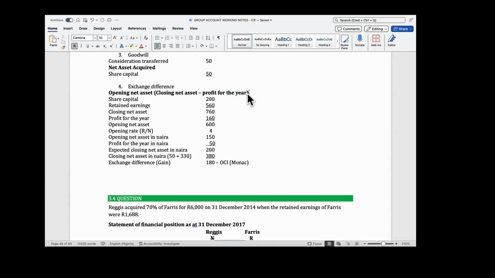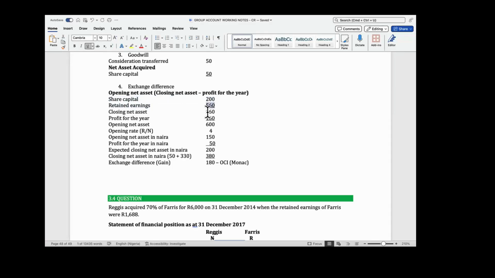And again, I've told you, share capital, except if they told you that they issued share capital during the year, then that means you have to remove that one to work back to opening, right? So majorly, the difference between opening net assets and closing net assets is usually profit for the year, because that's the one that changes. Share capital doesn't change, it's there.